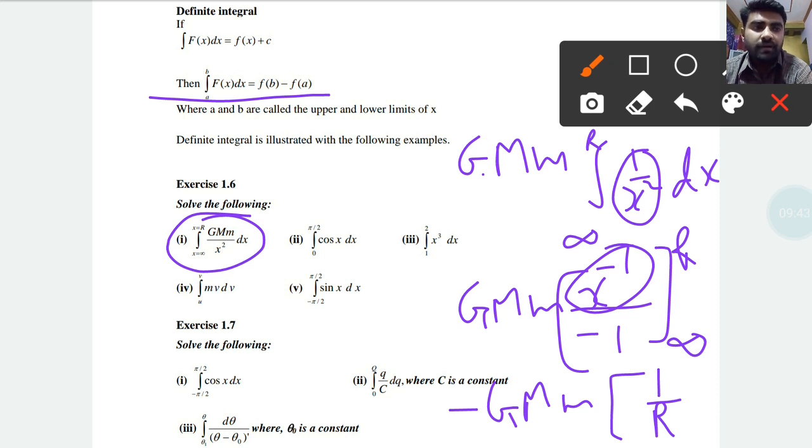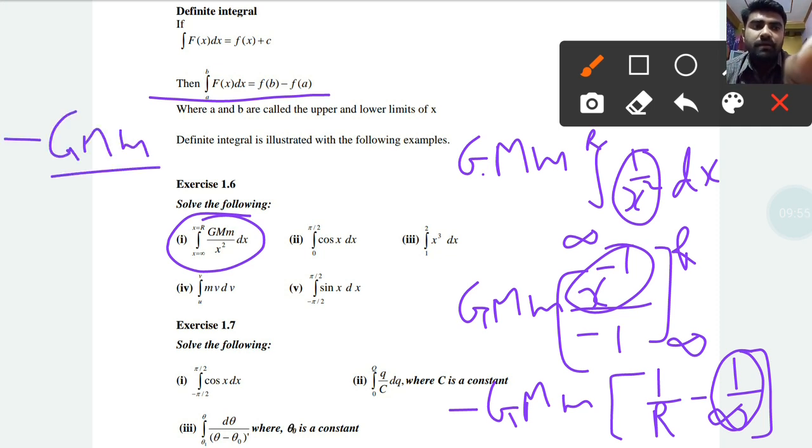So upper limit minus lower limit, 1 upon infinity is 0. So now we are left with only g m m upon R. So that is the solution of the first equation.